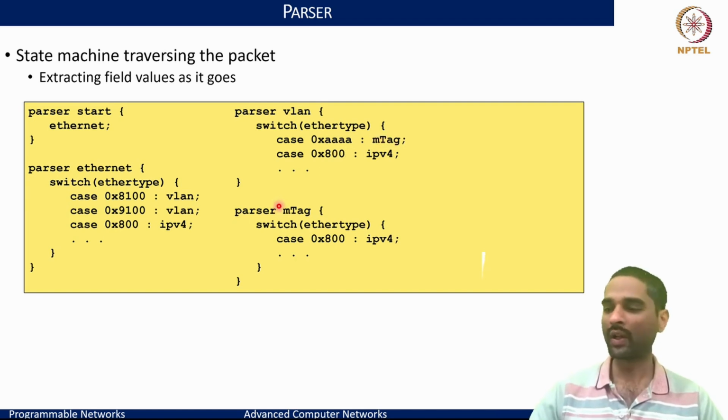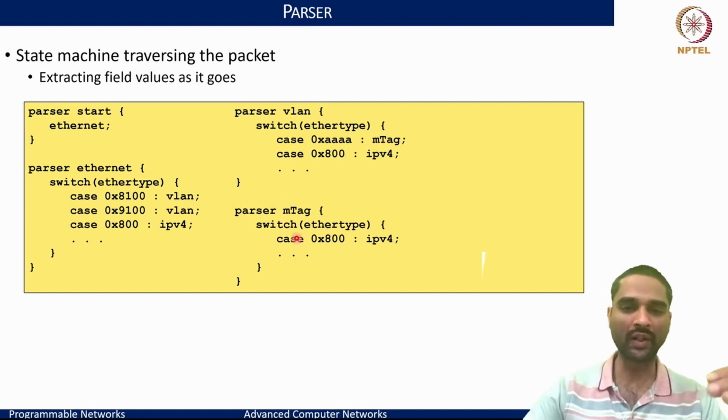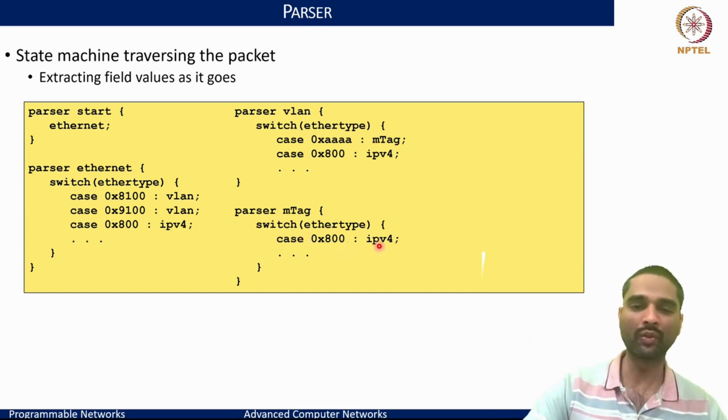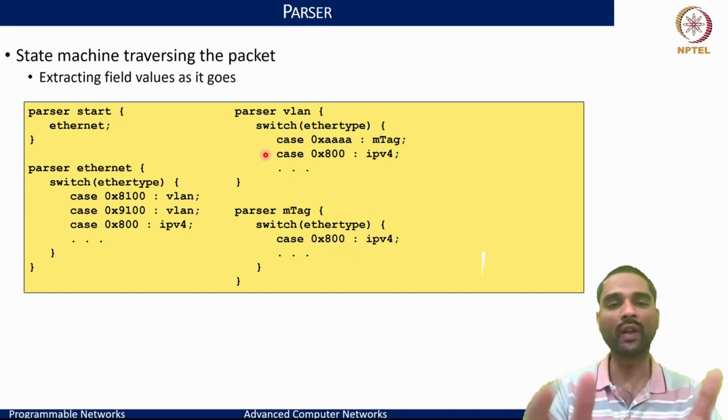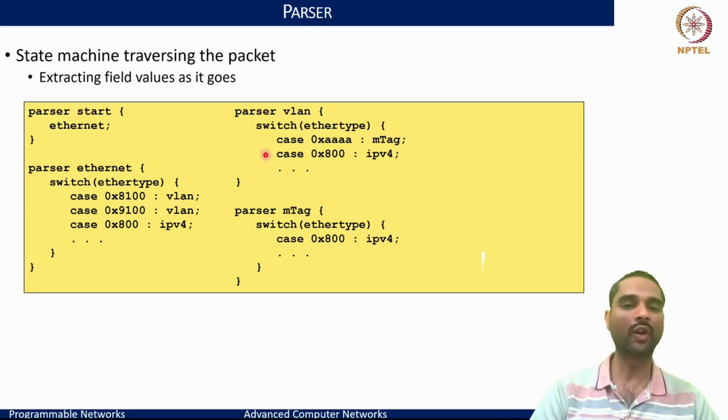Once it parses the M tag, we again see what the next header field is. We are going to IPv4, that's 0x0800, and then it would go on. This is how we can write a parser which is now able to understand three of the headers: Ethernet, VLAN, and M tag, and likewise IPv4 and so on.